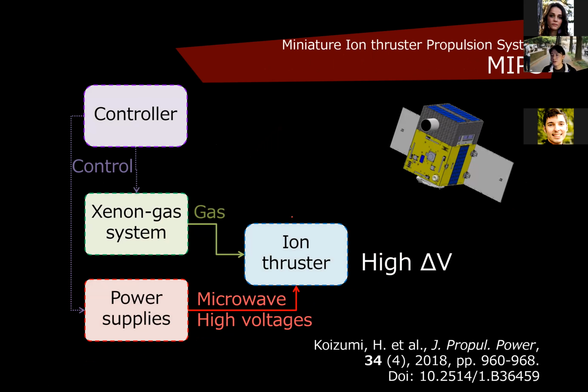In this slide, you see the component diagram of the micro ion propulsion system installed on the HODESH-4 satellite. Basically, there are 4 components: controller, gas system, power supplies, and ion thruster.